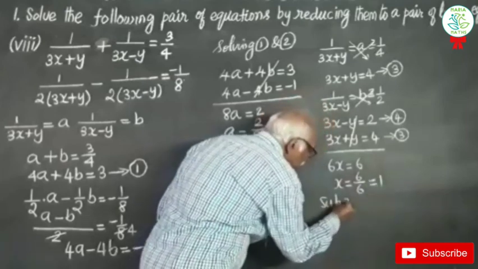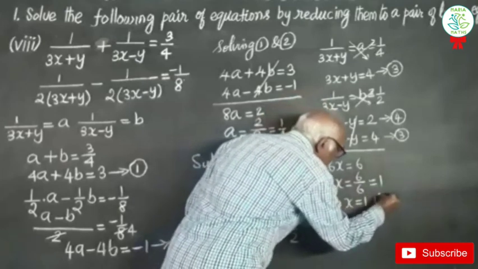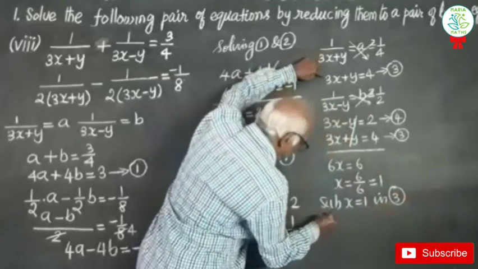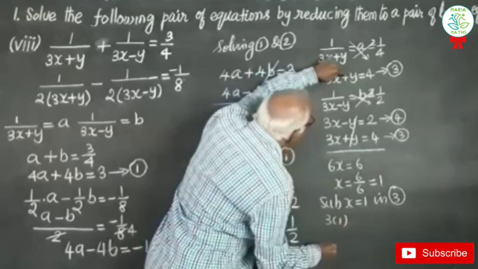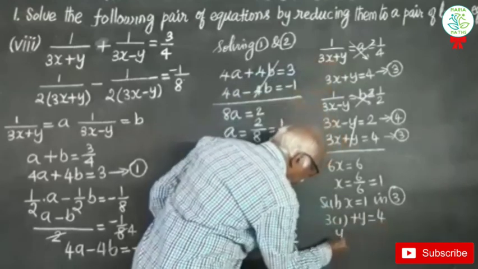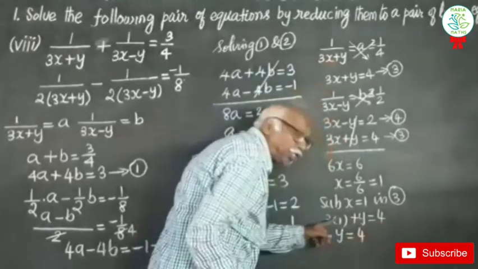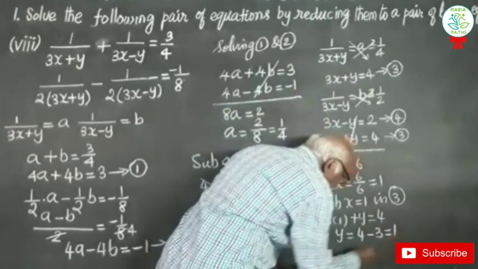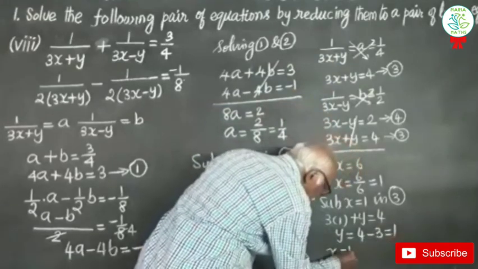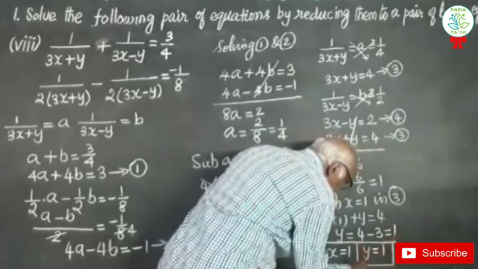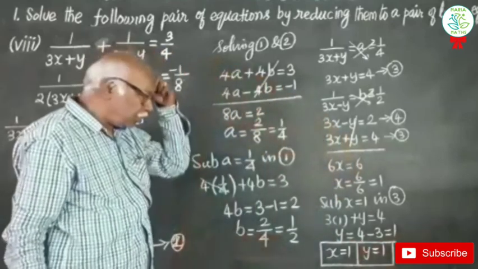Substitute x is equal to 1 in equation 3. 3 into 1 plus y equal to 4. 3 into 1 is 3, that side goes minus 3, y equal to 1. So x is equal to 1, y is equal to 1 is the answer.